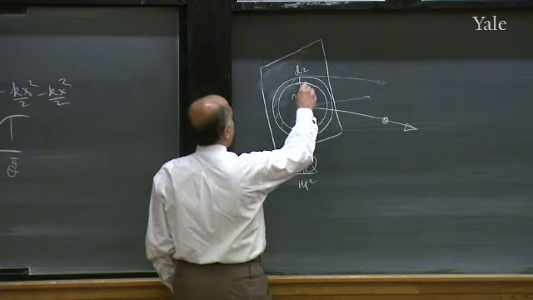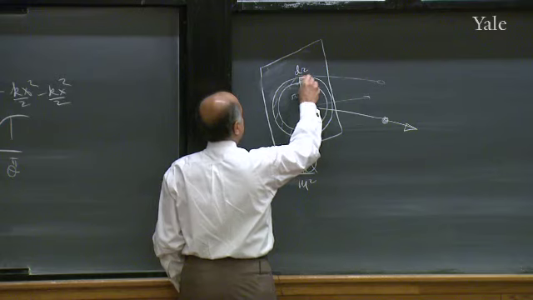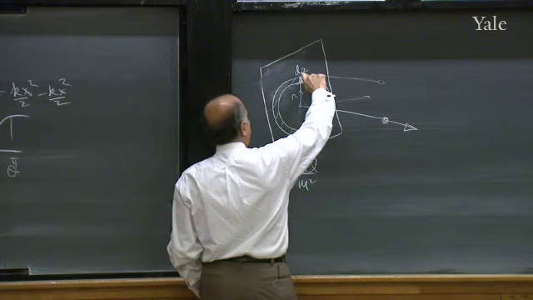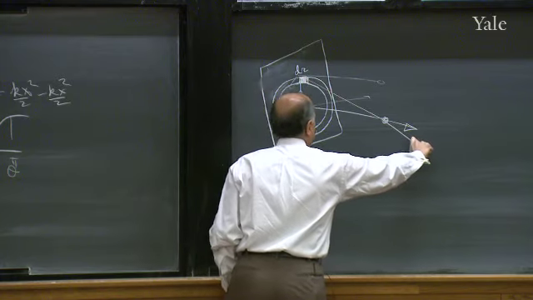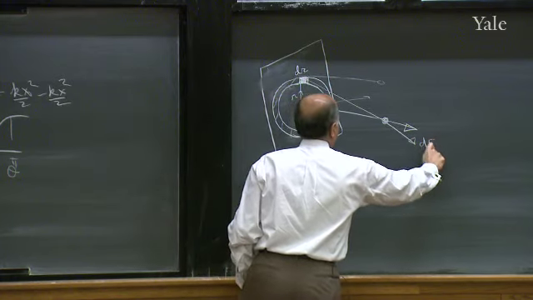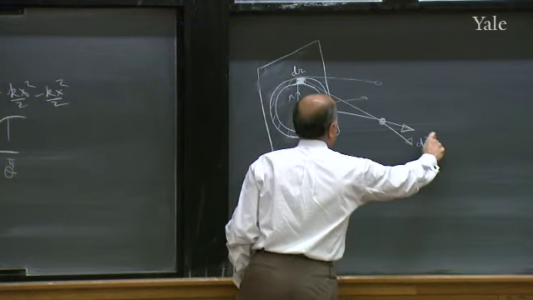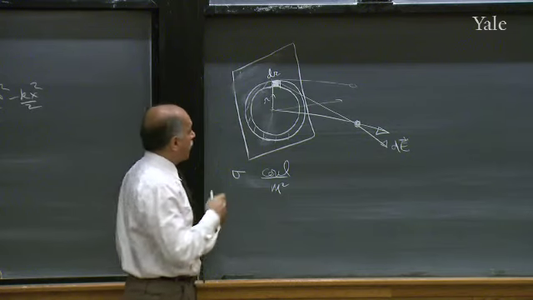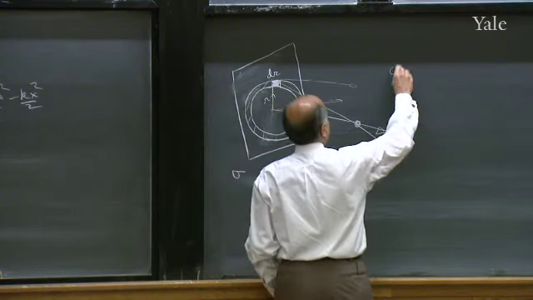So let's take a tiny part of that ring, this guy. Well, for that, you just do what you did with the wire. You draw a line here. It will produce a dE that looks like this. What is its magnitude? Magnitude is just given by Coulomb's law.